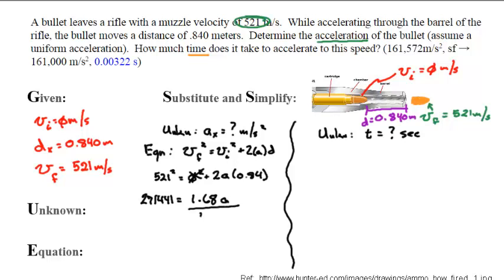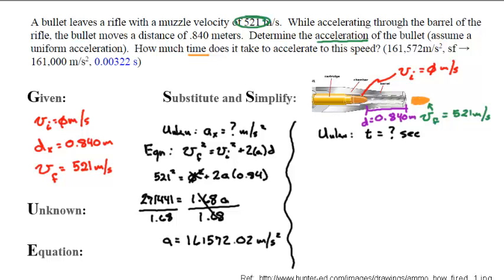In order to get acceleration all by itself on the right-hand side, I'm going to divide by 1.68. Whenever I do the right, I need to do the left. Acceleration equals 161572.02 meters per second squared.